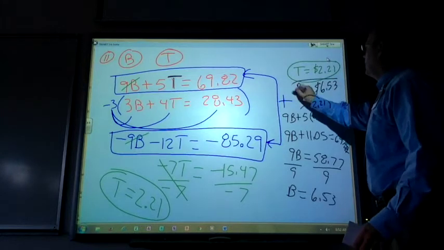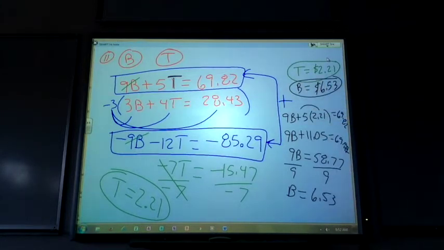A lot of times when you're doing some of these problems, some people are going to get confused, going, how can I order 6.53 burritos? You're not. We found the cost of each burrito. We knew one order was 9 burritos, 5 tacos, and another order was 3 burritos, 4 tacos. We found the price of each of the burritos.